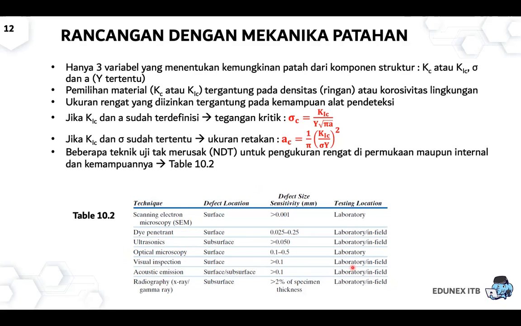It depends. You can cut the pieces in the field and bring them to the lab and check them, or you can bring the device into the field and check like that.